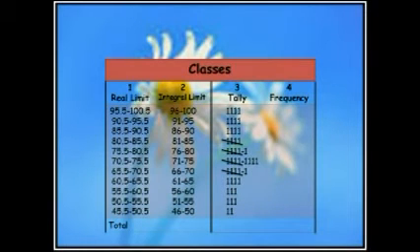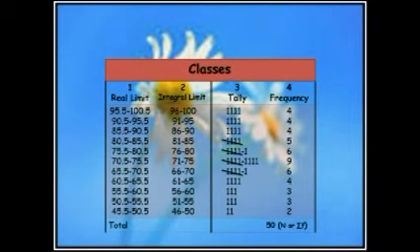After tallying the classes, we must write the numerical symbol in the frequency column. Therefore, the tallied 4 is 4, 5 is 5, 6 is 6, and so on. We must also add the frequency column so that we know if what we tallied is equal to the number of cases, which in our example is 4 plus 4 plus 4 plus 5 plus 6 plus 9 plus 6 plus 4 plus 3 plus 3 plus 2, equal to 50.